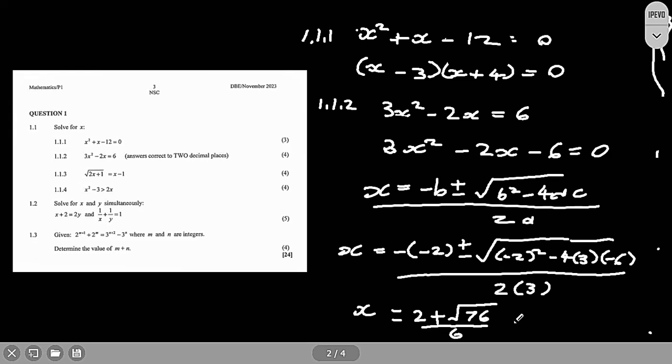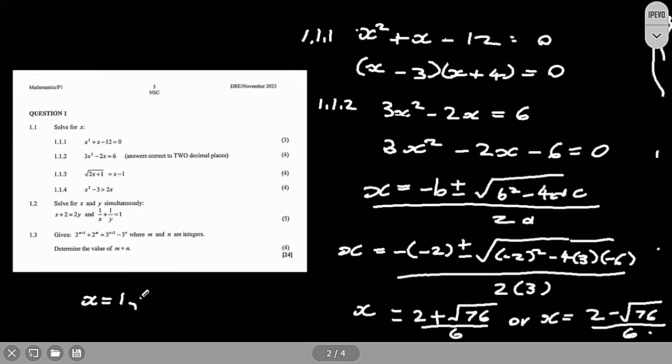And then or your x is equal to, so now we use the negative one, minus root of 76 over 6. So x is equal to the first one, they said you must round off to 2 decimal places, don't forget that.